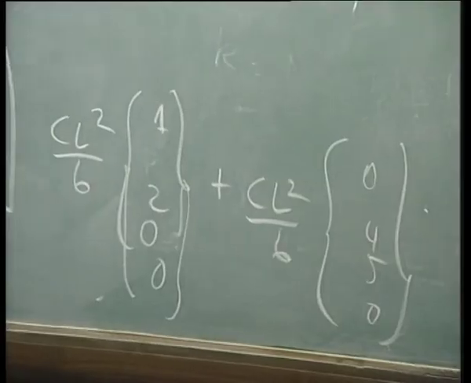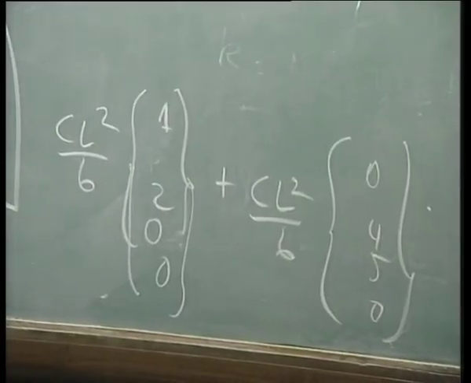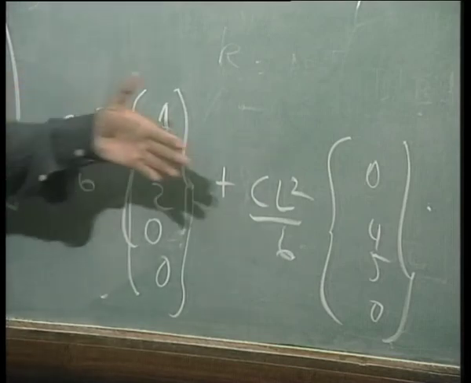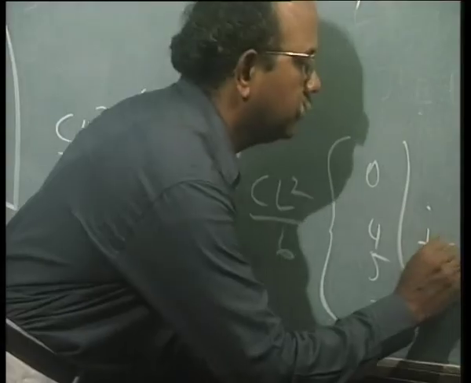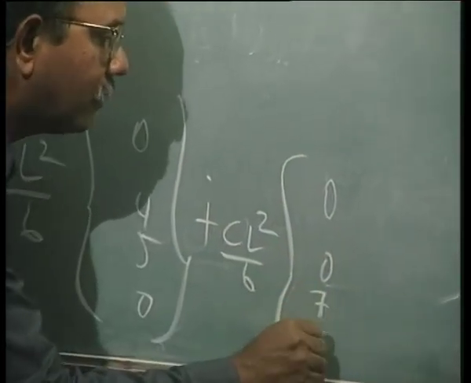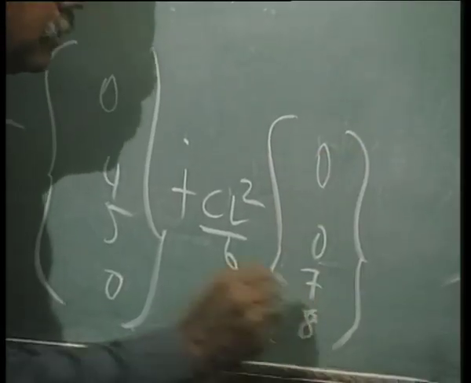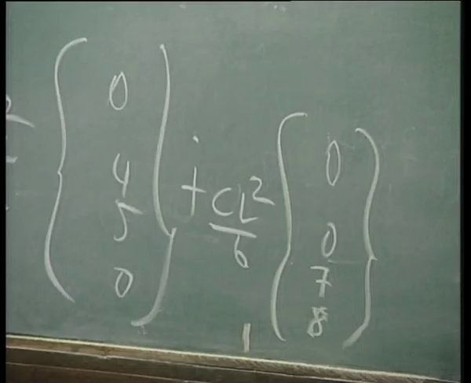Right? Okay. That is how I sum up REs. Clear? I think the last one is CL squared by 6, 0, 0, 7 and 8. Is it clear?